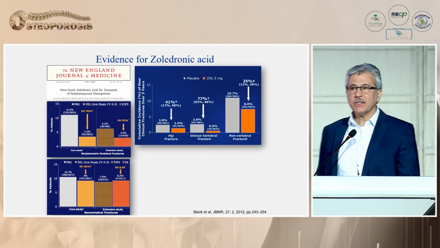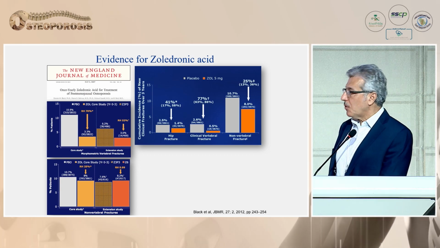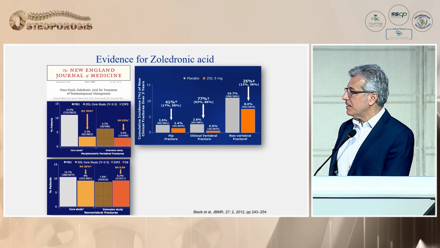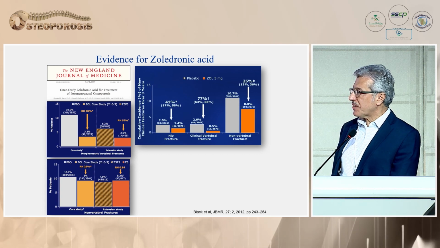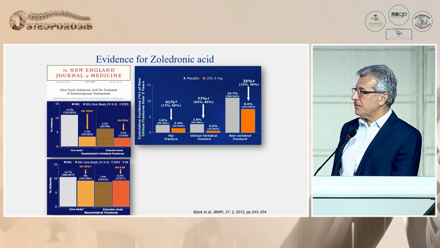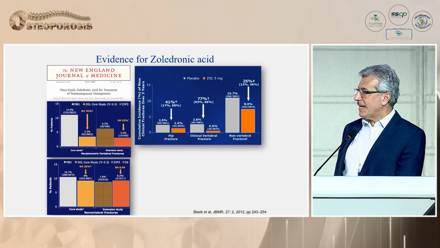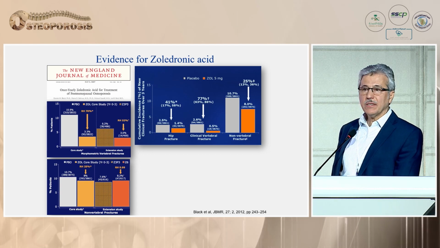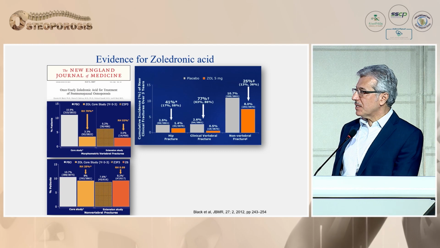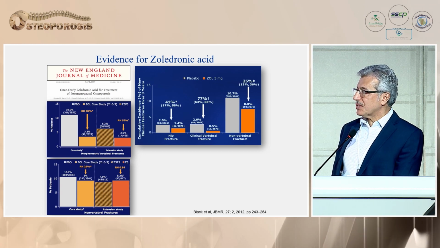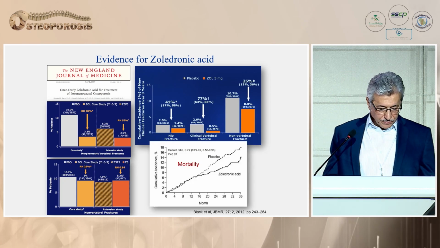Now, again, when we had extended study for another 3 years, the same phenomenon was seen, where non-vertebral fractures were not different in the group that stopped zoledronic acid and took placebo for 3 years. Again, the effect can last beyond stopping the medication, although if you look at vertebral fracture, there was still benefit from continuing the medication.